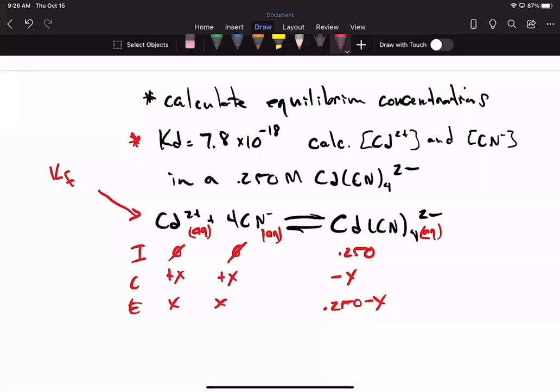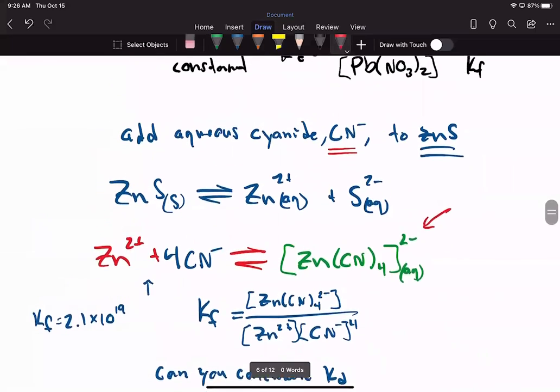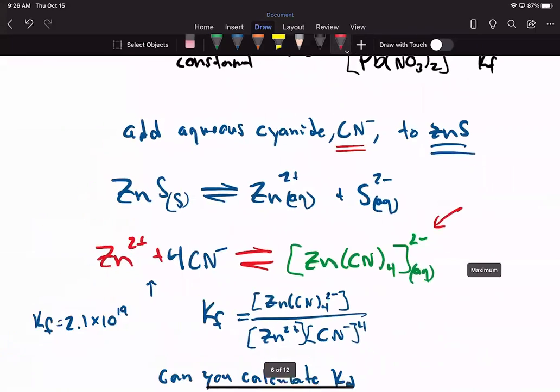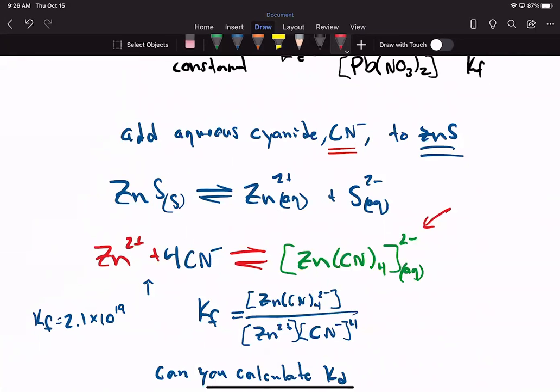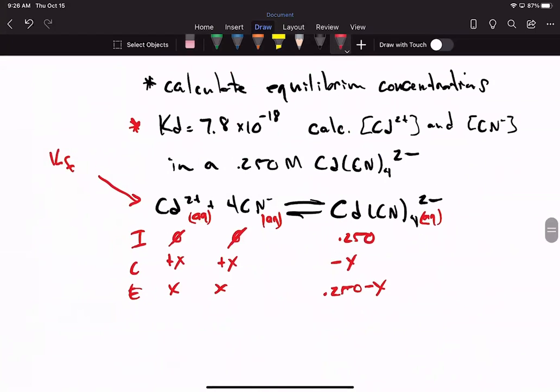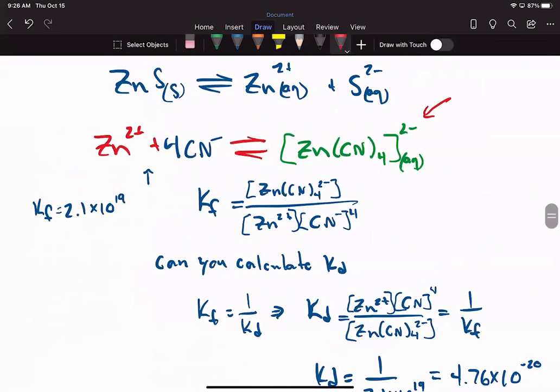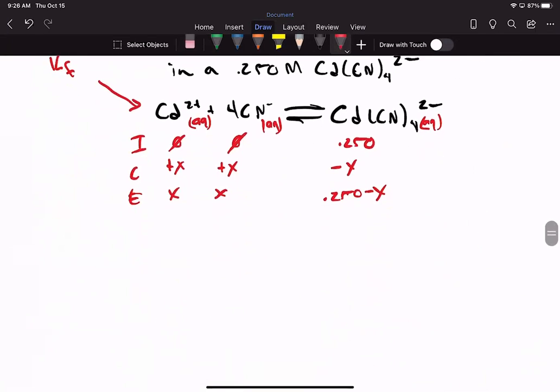In the previous one, I'm given the KF, so I write it that way. Here, I need to figure out what the KF is. I don't know what it is. So this is why we write it this particular way, because I'm given the KD in this part here, and here I'm given the KF. So those are written different ways.